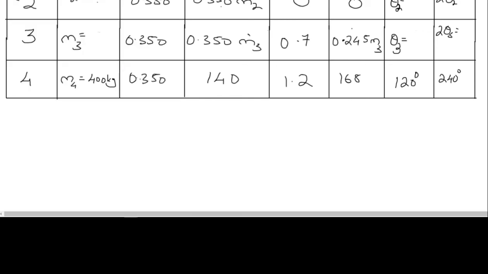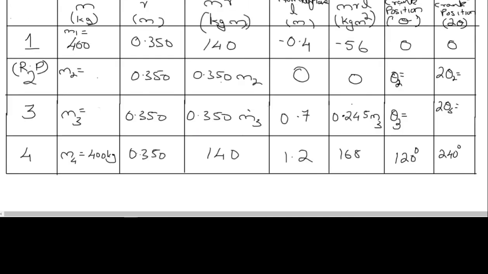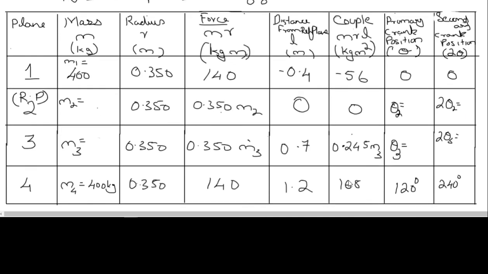Okay, so first the couple polygon. We will start with one which is negative, so take it for an appropriate scale. I'm not scaling here, but you should draw it according to a scale, and since it's negative 56, we will take it on the left side. The only crank position we know is the 168 couple, that is for the outer crank, which is at 120 degrees.